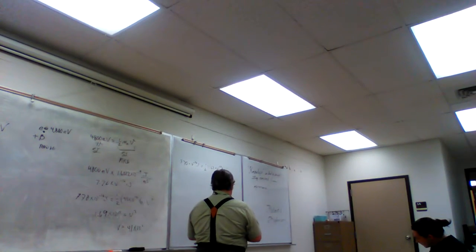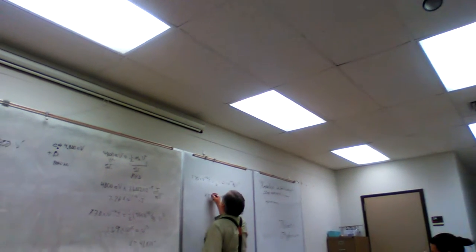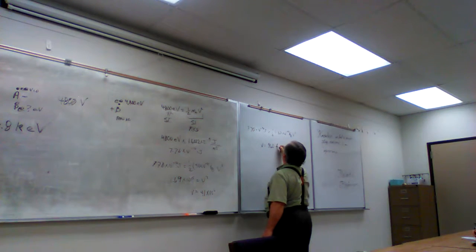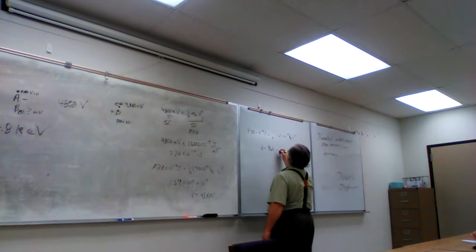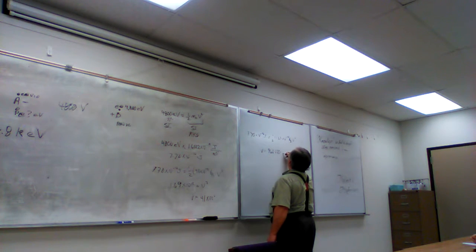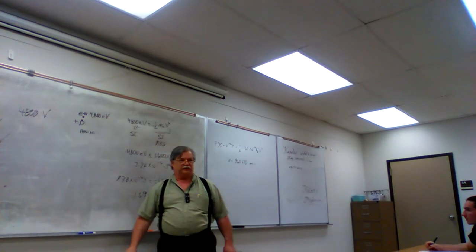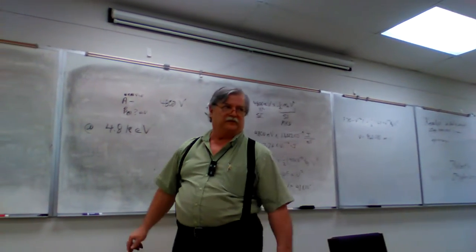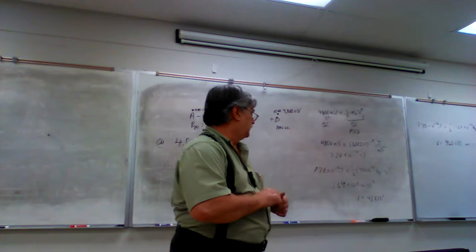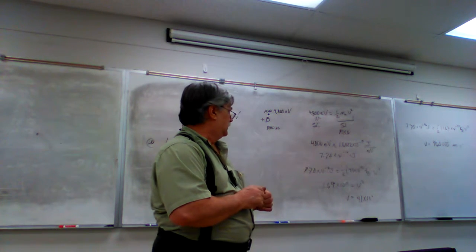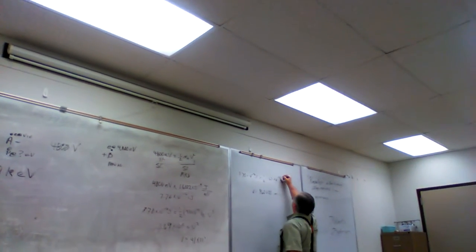And if you take the square root, we end up with 960 kilometers per second, or 960,000 meters per second. Say again? Yeah, that's minus 27 for the mass of a proton.